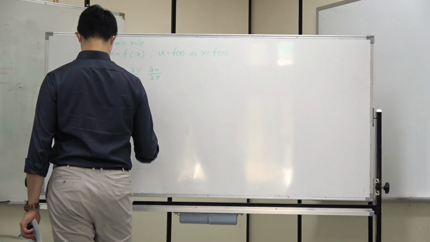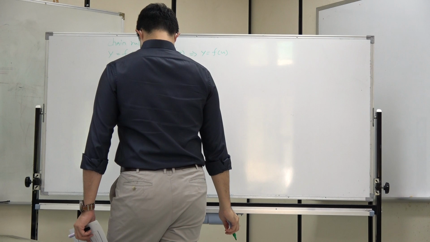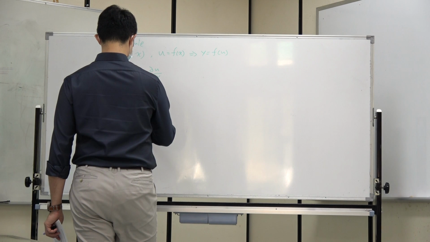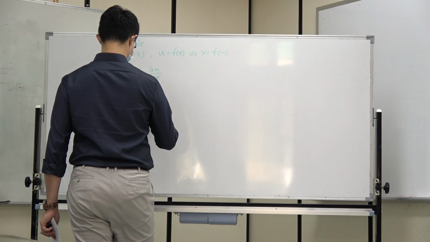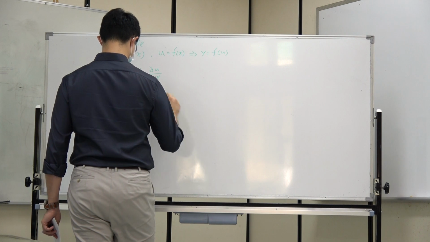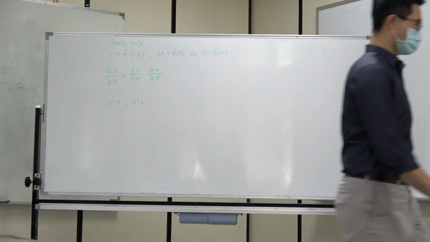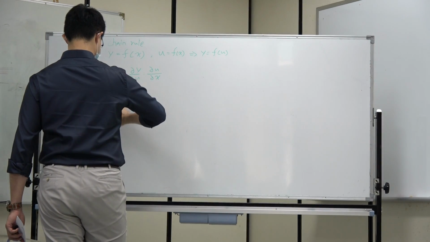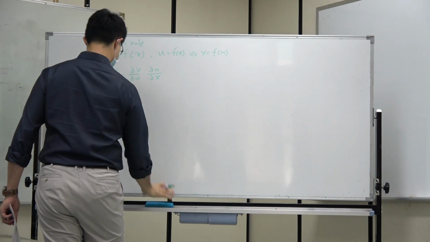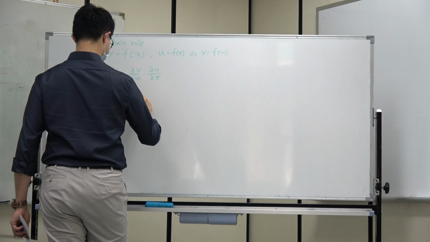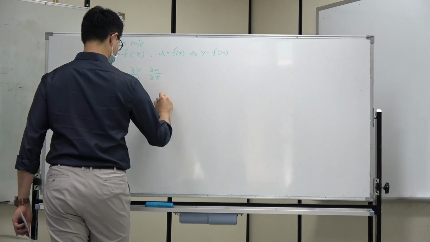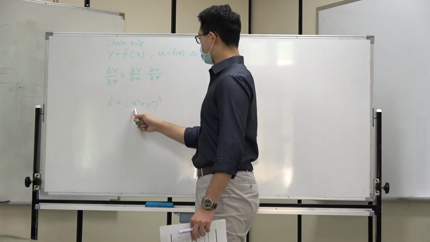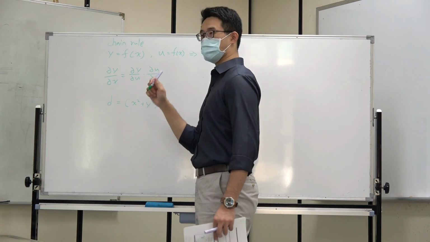If y equals to, for example, like this: distance equals x squared plus y squared, and take the square root.